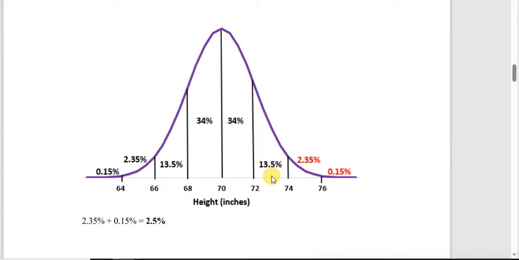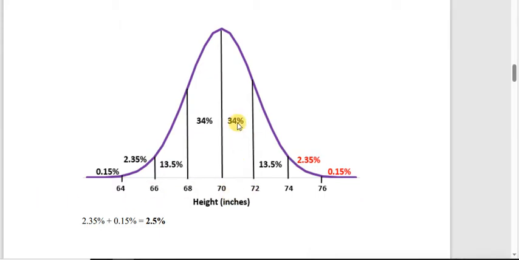But when you want to get the probability that students are taller than 74, that implies the region of interest, the rejection region. We look for that probability, which we can obtain because we understand that from 70 going to the right is 50%, and 70 going to the left is 50%.